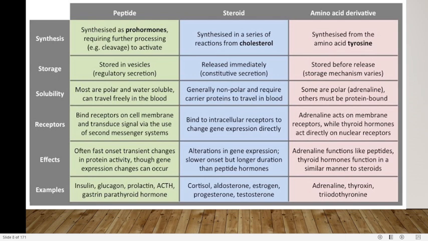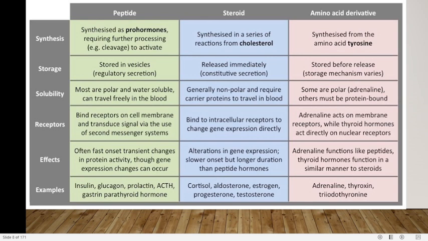In this case, when looking at the peptides, they are synthesized as prohormones, requiring further processing, e.g. cleavage to activate. In storage, they are stored in vesicles for regulated secretion. Most are polar and water soluble and can travel freely in blood. They bind receptors on the cell membrane and transduce signal via second messenger systems.